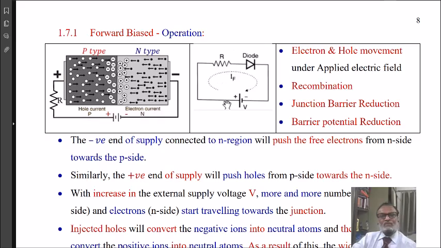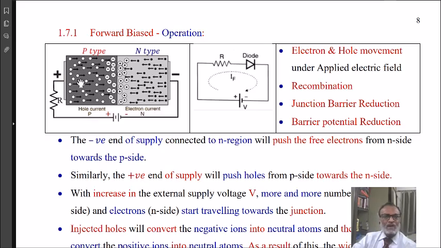Here, whenever we increase the external forward biasing potential, more and more electrons cross the junction from the n side to the p side, and more holes cross from the p side to the n side.